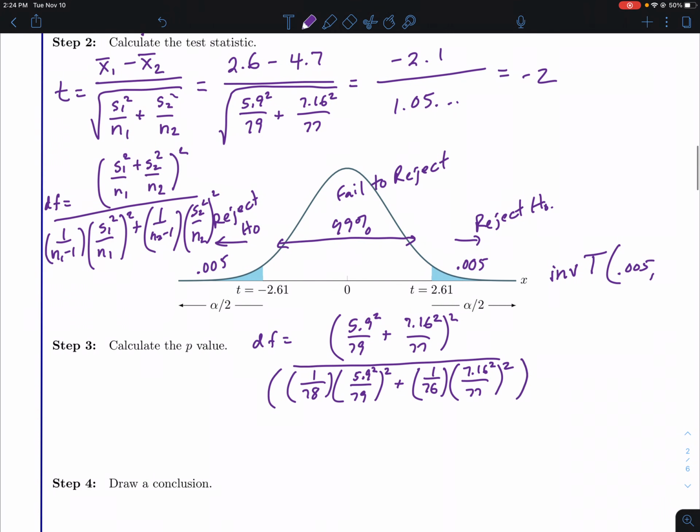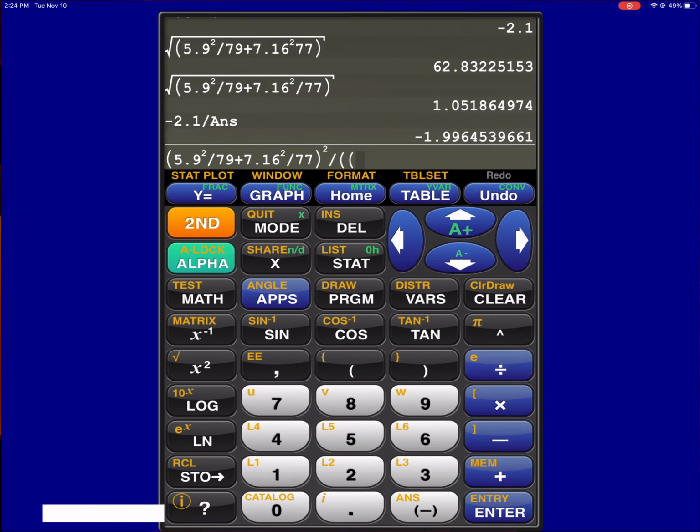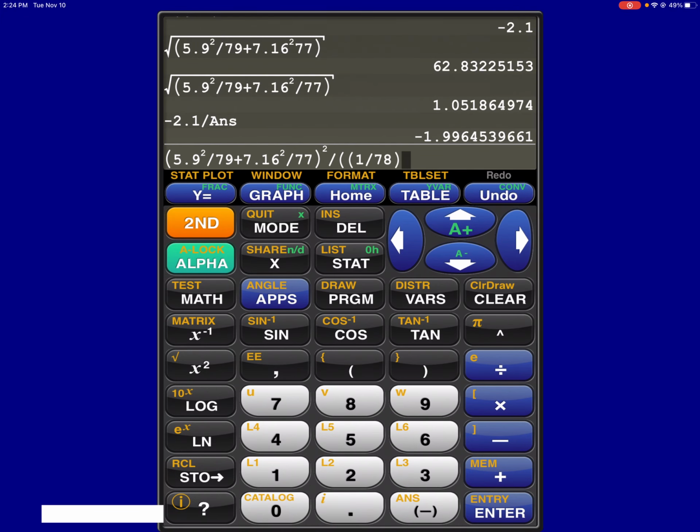So 1 divided by 78, and then copying the left-hand side: 5.9 squared divided by 79, all squared, plus 1 over, oh whoops, that should be 76, and then 7.16 squared divided by 77, which is right.